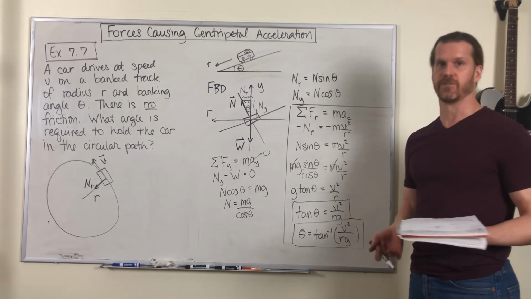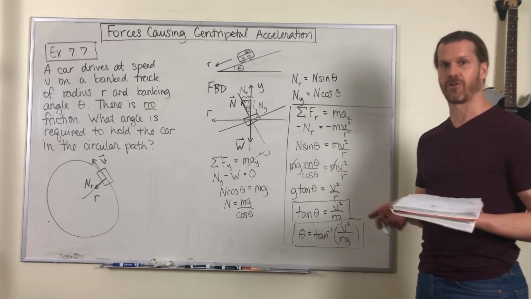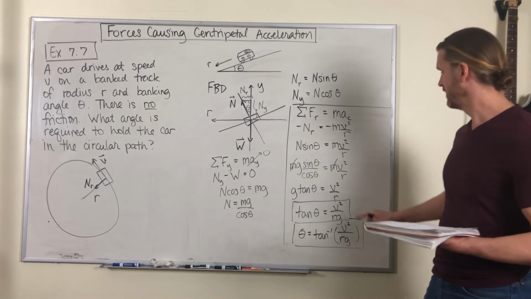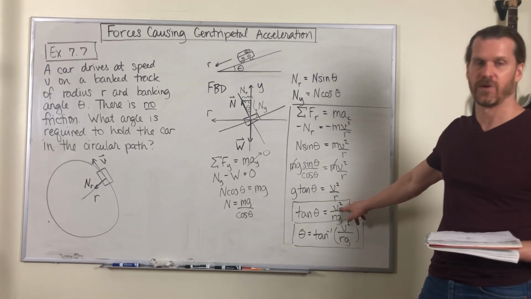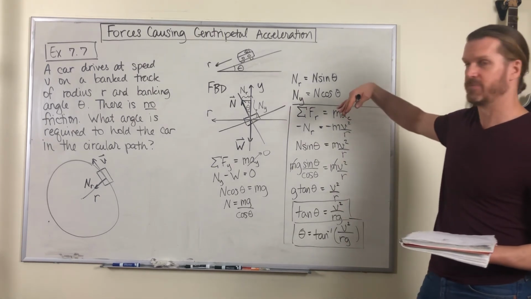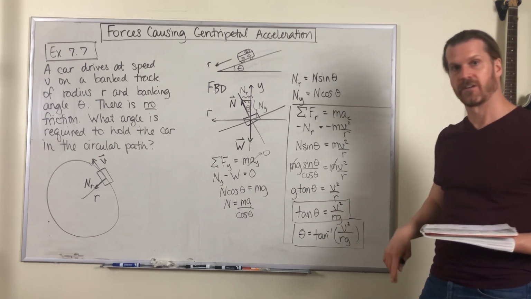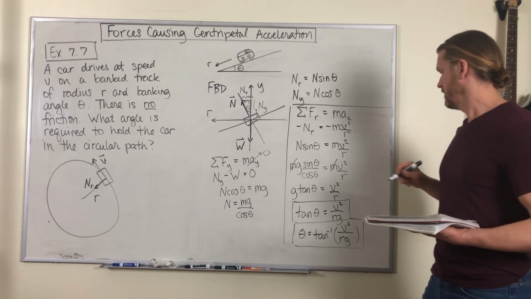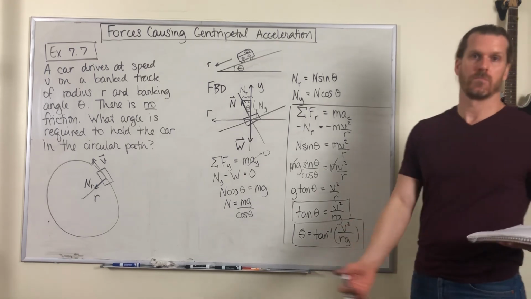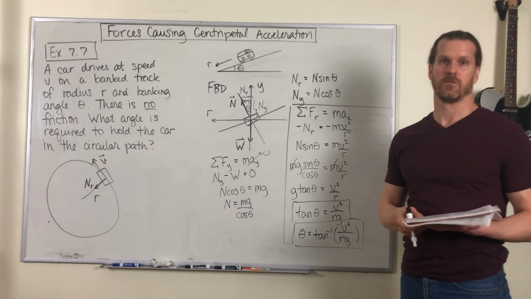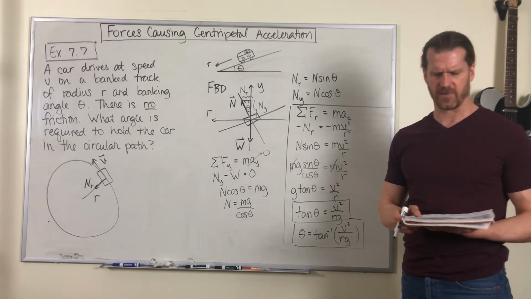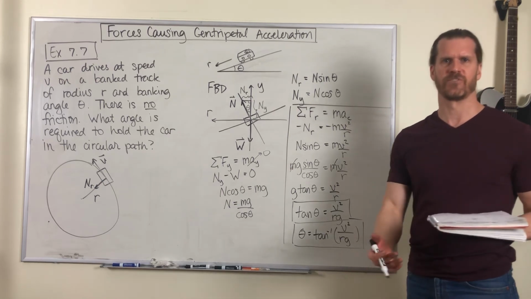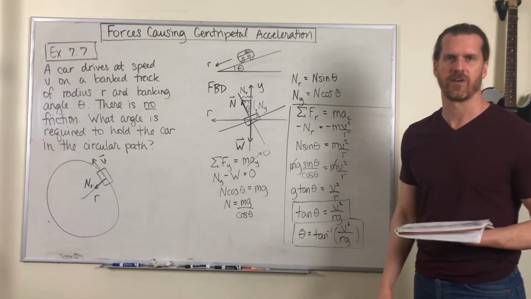It's more difficult to hold the car on a circular path the faster you go and the tighter the radius is. When v increases, you have to make this angle bigger and bigger. When r decreases, you have to make the angle bigger and bigger. So on a racetrack, I think the example was talking about, I don't know, Indy 500 or some Daytona, one of those car racetracks.